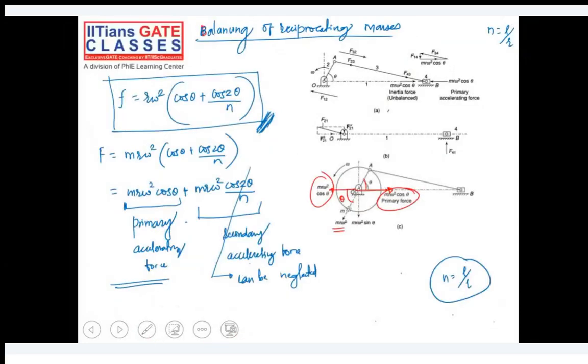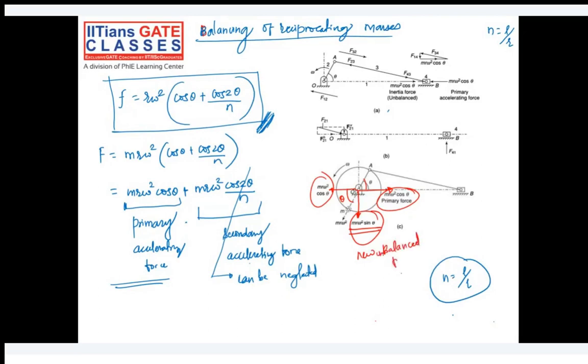And it is neutralizing the unbalanced force now. But the problem with this is it will generate one force in the downward direction, that is m r omega square sin theta, and this will become a new unbalanced force. New unbalanced force. Is it clear till this?